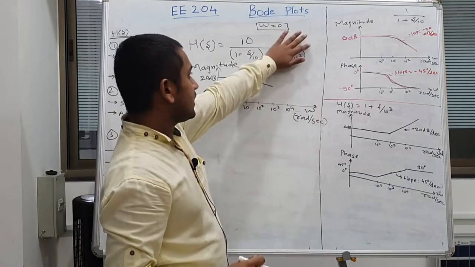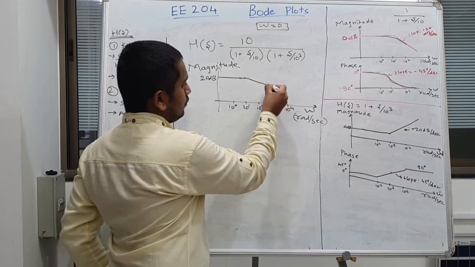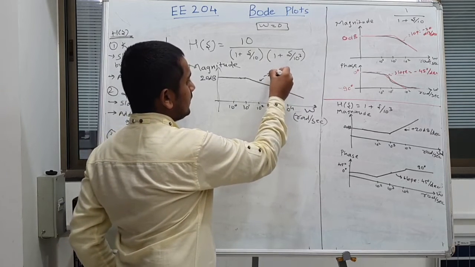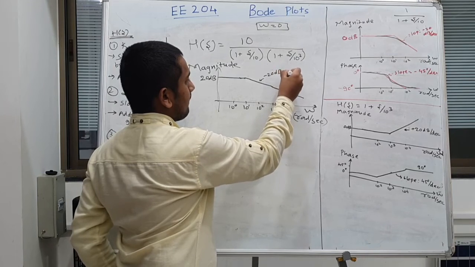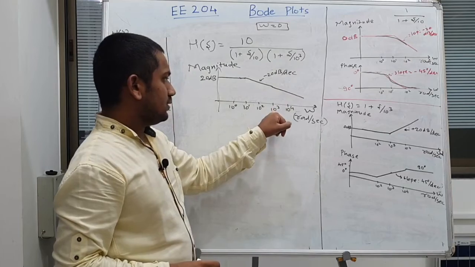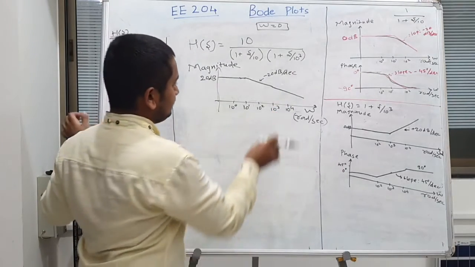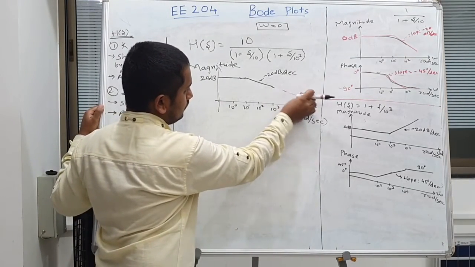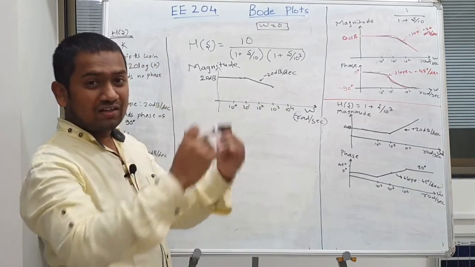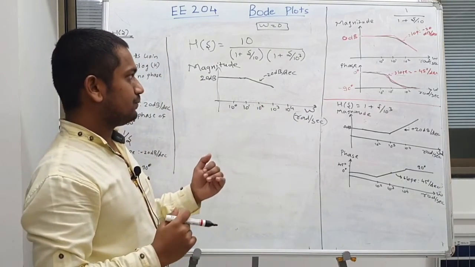If there is no second pole, it would have continued to have the same slope of minus 20 dB per decade. But as we reach the second pole frequency, the second pole will contribute to further degradation in magnitude.